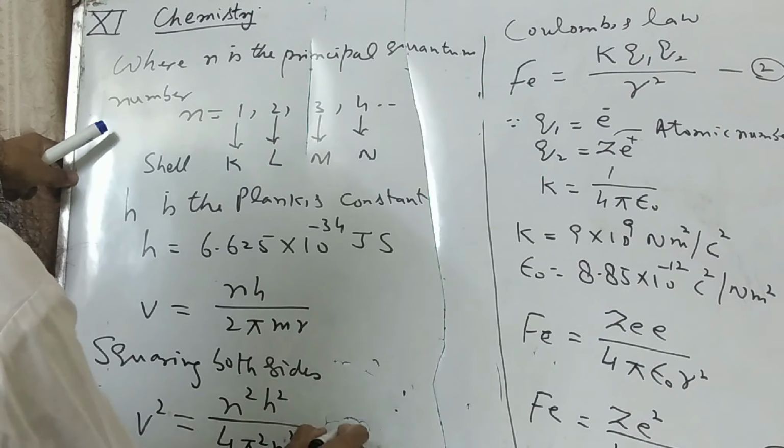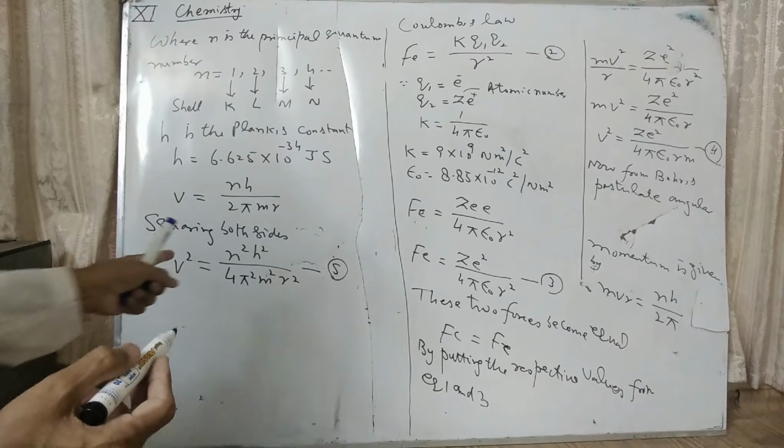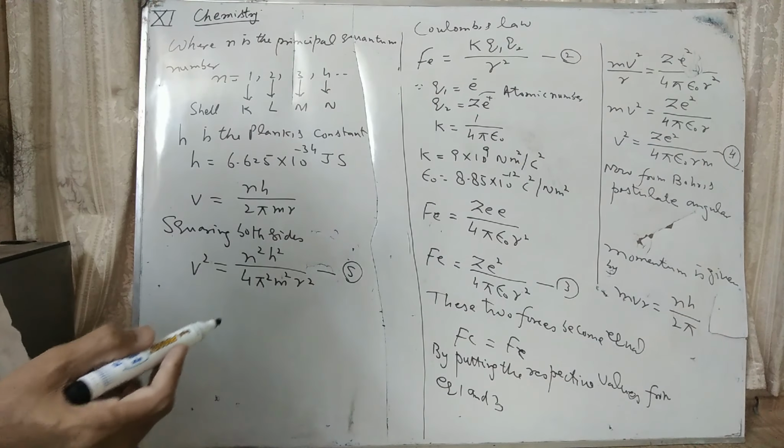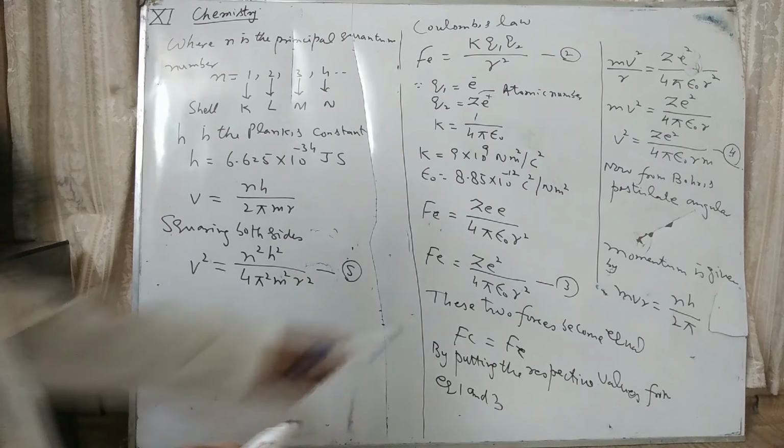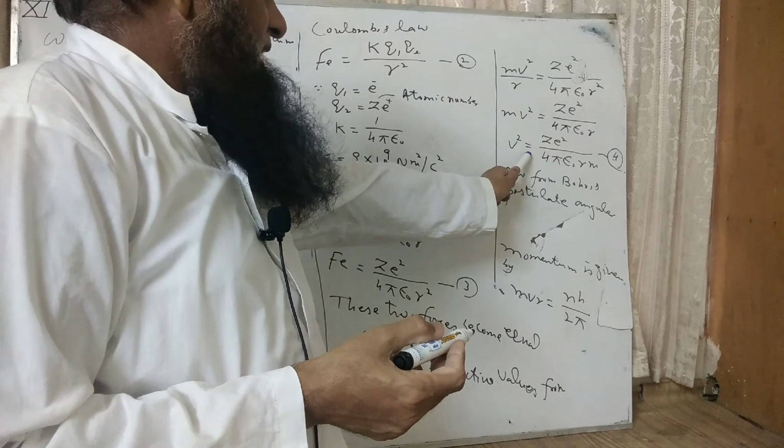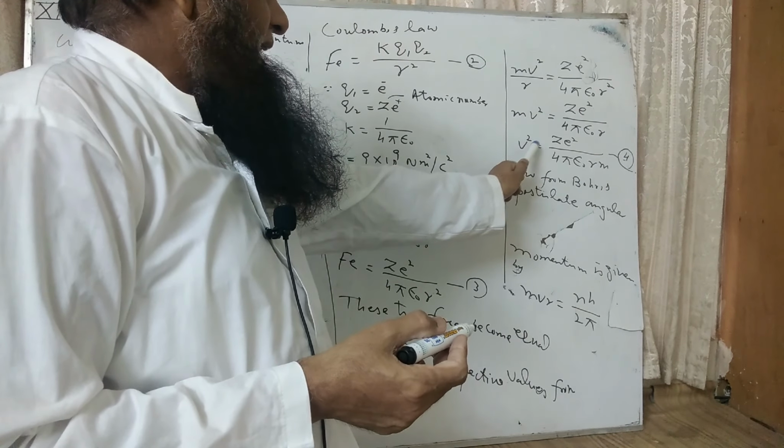This is the velocity according to the Bohr atomic model, and we have already derived the velocity from the centripetal and the Coulomb force.